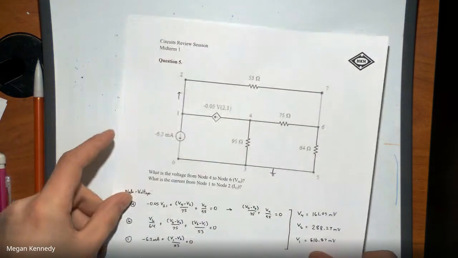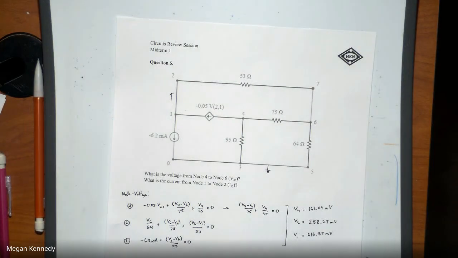So what this is telling us is that V1 is equal to 616.87 millivolts. V4 is equal to 161.09 millivolts. And V6 is equal to 288.27 millivolts. So I'm going to get that all written down and switch right back to the document.